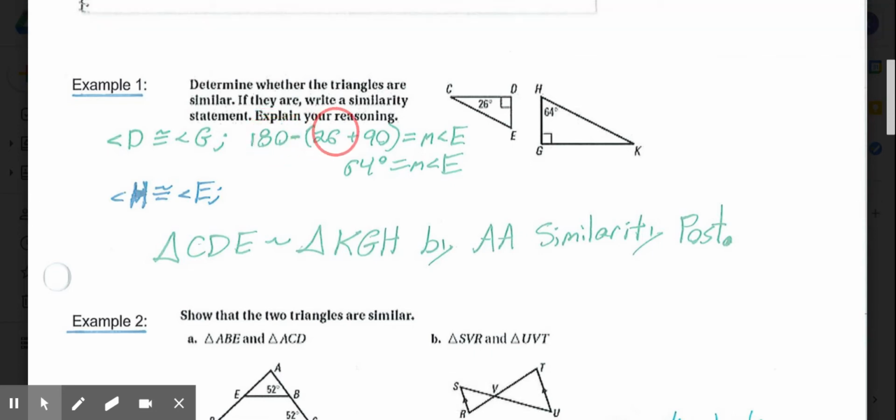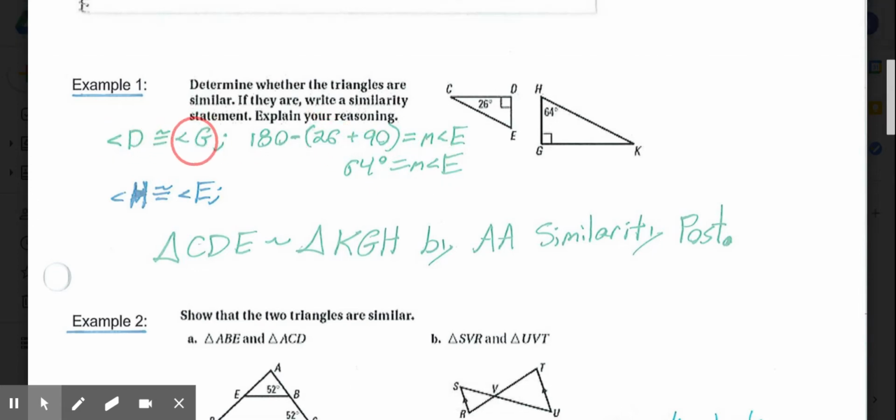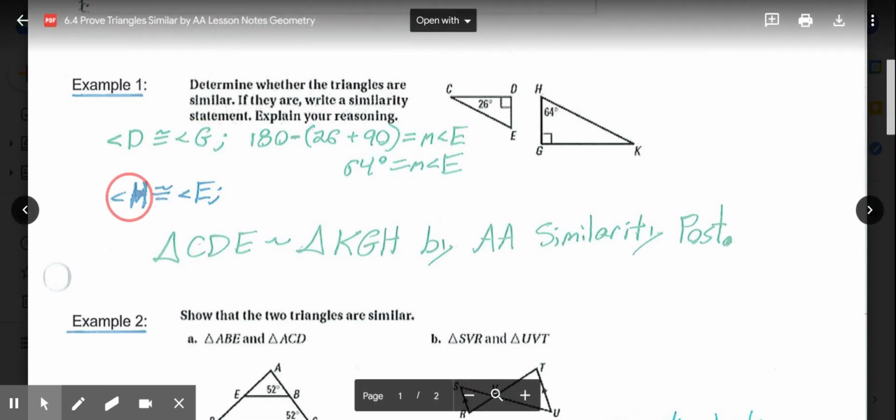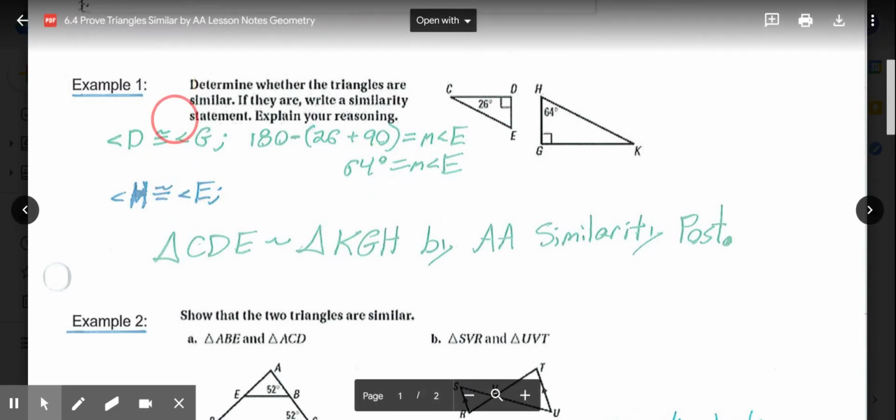So if I take away from 180 the 26 degrees for angle C and the 90 degrees for angle D, I'm left with the measure of angle E. So 180 minus the 116 gives me 64 degrees for angle E. I already knew angle D was congruent to angle G because they're both right angles. Now I know angle H is congruent to angle E because they're both 64 degrees. So I have my two angles.